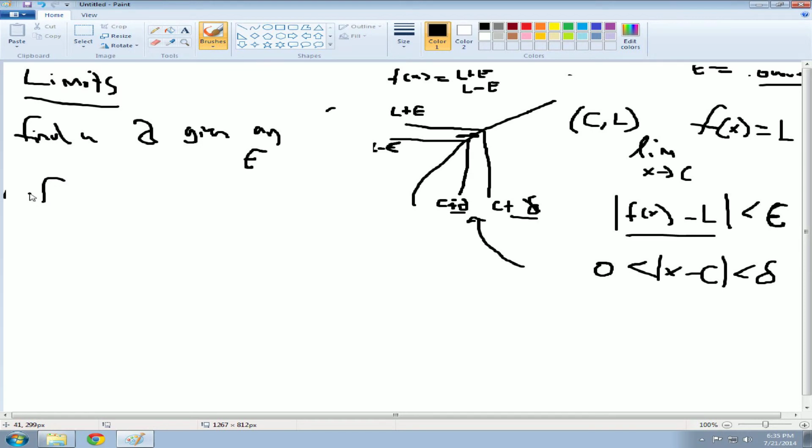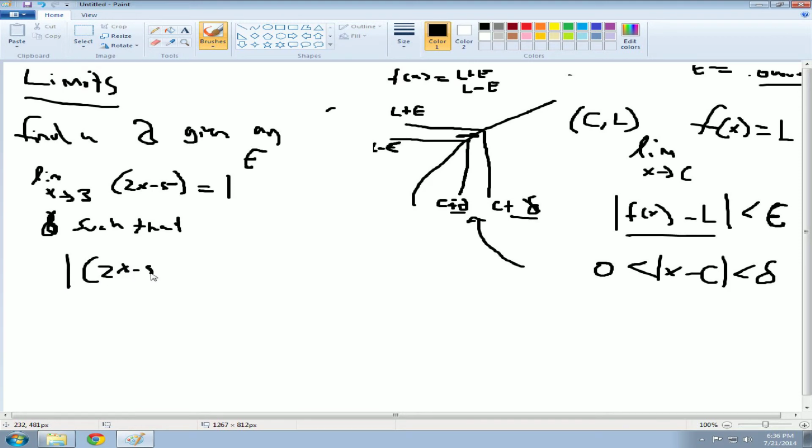For this problem, it says the limit as x approaches 3 of 2x minus 5 equals 1, and they want us to find a delta such that the absolute value of 2x minus 5 minus 1, because they solved it, is less than 0.01.